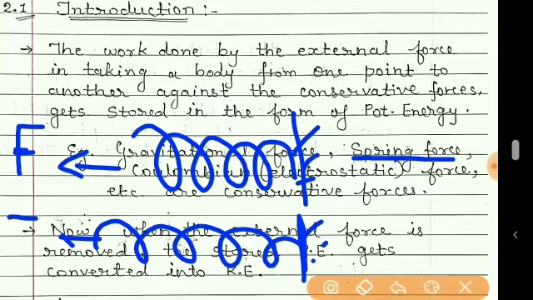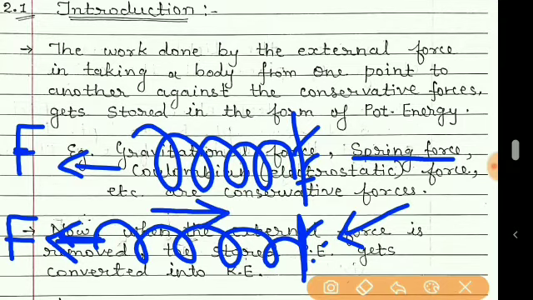And when this external force is applied, I need to do some work, and so this work gets converted into the elastic potential energy of the spring in this case. Here we must note that when the external force is applied, inside the spring also a restoring force is produced.